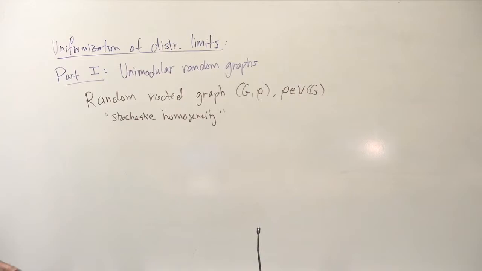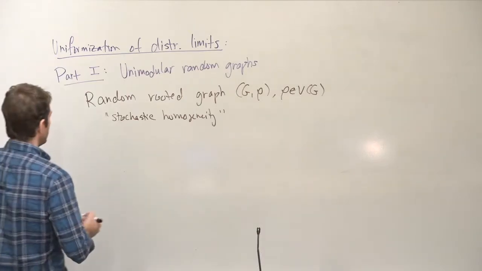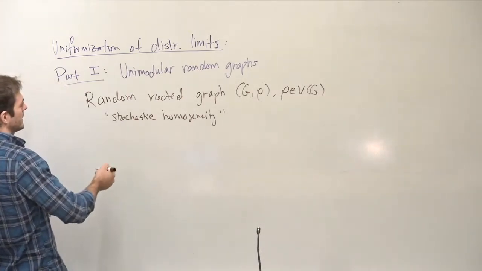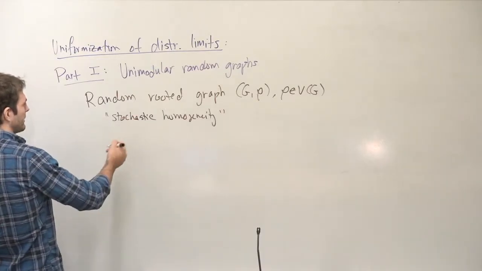It probably has no non-trivial automorphisms. But as a random rooted graph, this will be unimodular, which is sort of capturing the fact that even though a particular sample doesn't have any symmetries, overall, there is some stochastic symmetry. So that's what it's meant to represent.